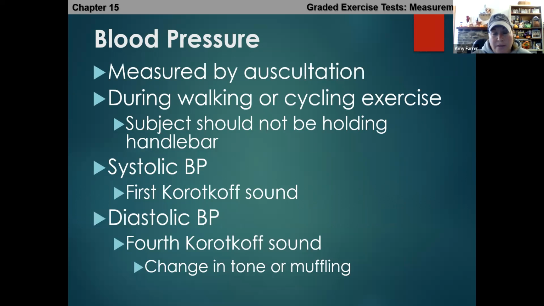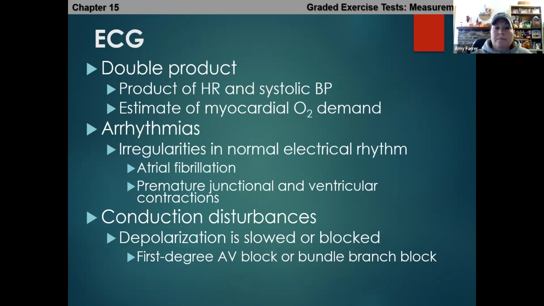Blood pressure, we talked a little bit about how you measure that. If you're trying to measure blood pressure, you can't fixate the arm and maintain grip. So if you're on a treadmill, you can't be holding onto the handlebar. Our ECG measures double product, which is the workload of the heart, heart rate times systolic BP, right? We're also looking for arrhythmias.